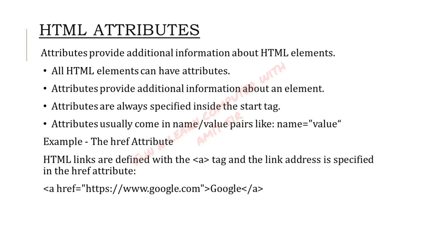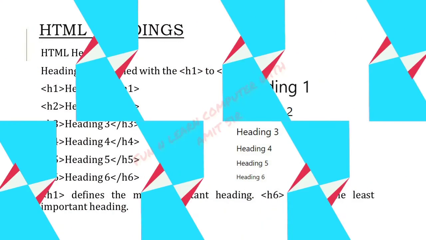For example, angle bracket start a href is equal to, within the double quotes, https://www.google.com, double quote close, angle bracket close. Then we will write the name of the site and close the anchor tag.